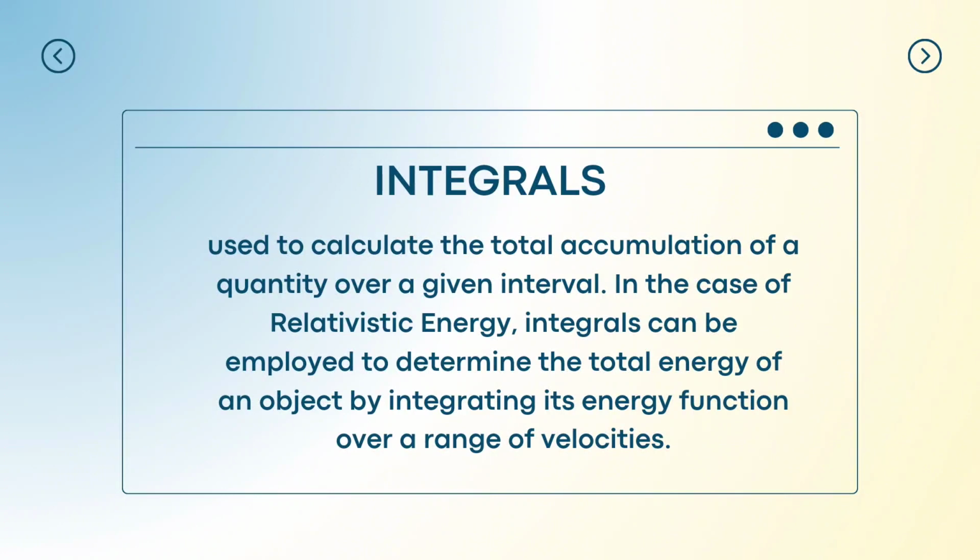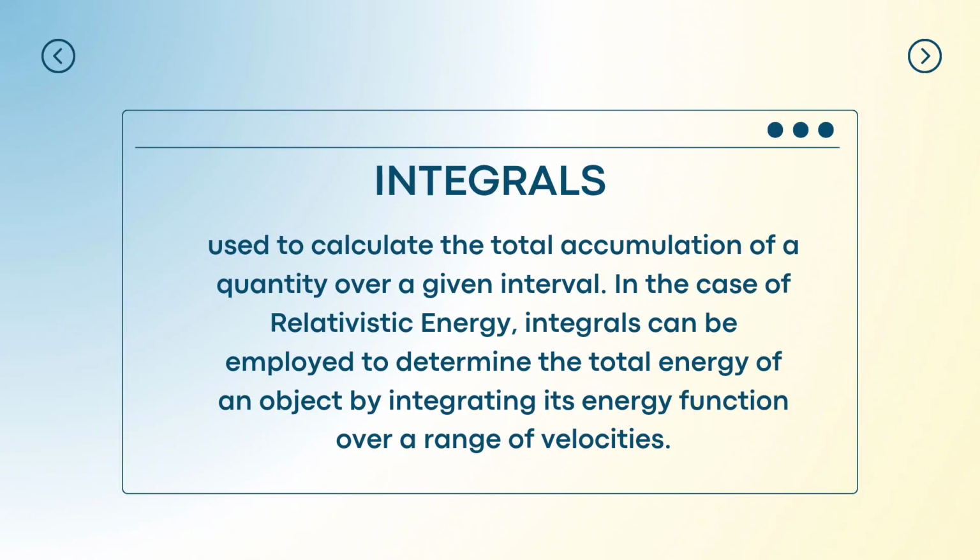For example, suppose we have a particle with relativistic energy function E that describes its energy at different velocities. By integrating this function over the specific velocity range, we can find the total energy of the particle within the interval.